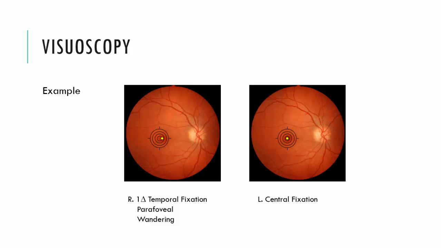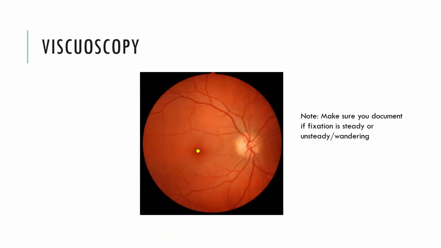Okay, you'll notice also beneath here I've made a comment that the eccentric fixation is wandering. What does that mean? Well, what we need to indicate is whether there's steady fixation or wandering fixation. So steady fixation is when you're asking the patient to look in the centre of the graticule, and assuming you've got a cooperative patient, just ask them to keep their eyes still and to continue looking at the centre of the graticule.